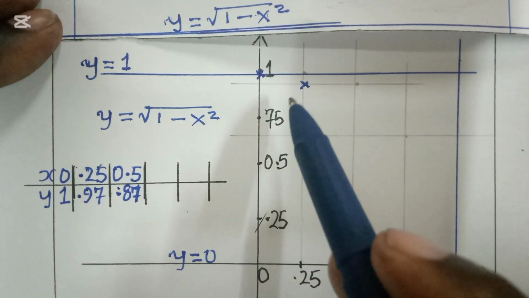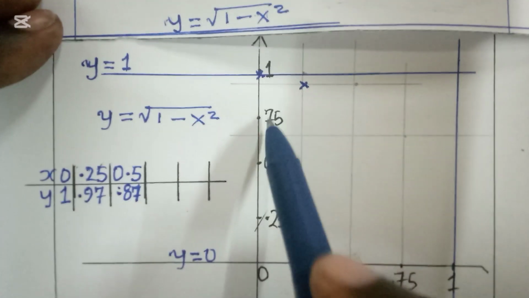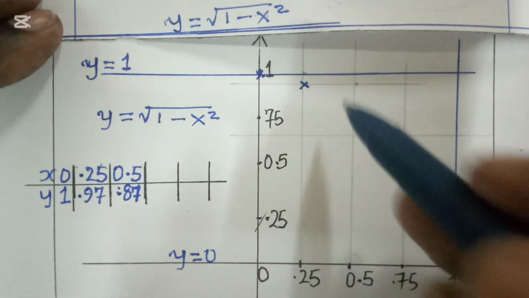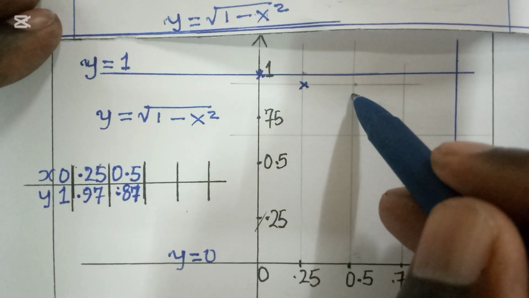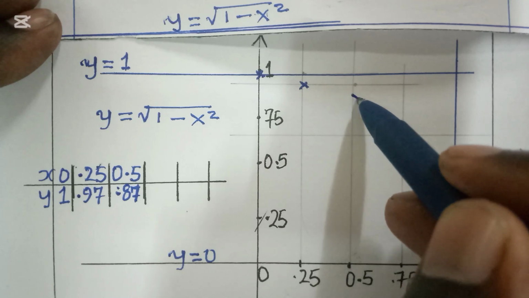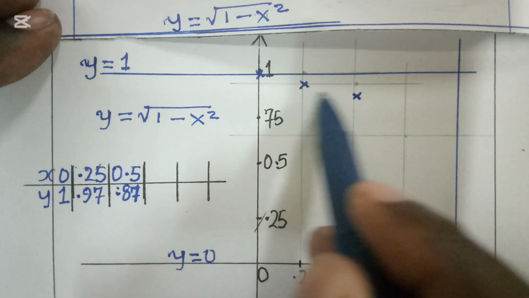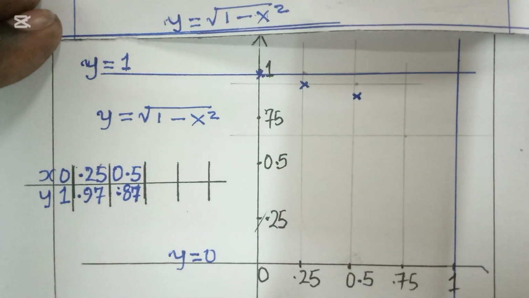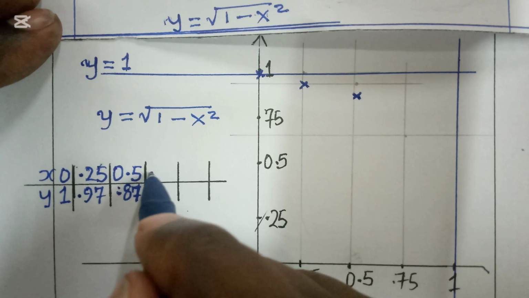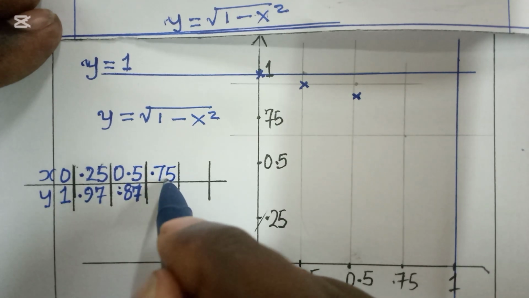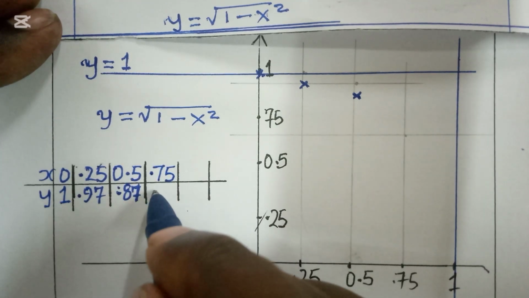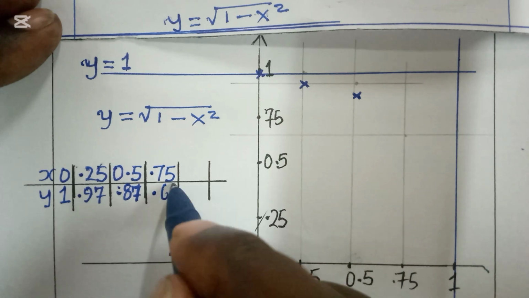Probably at this point here, between this point and this is somewhere here. So this is our 0.87. We put a mark there because guys, 0.87 is around this point. Then we come to 0.75. For 0.75, that one gives us 0.66.